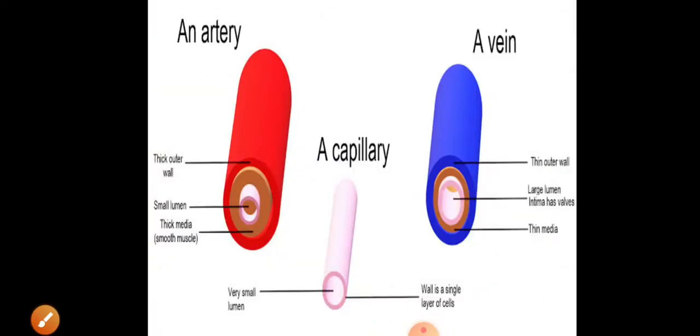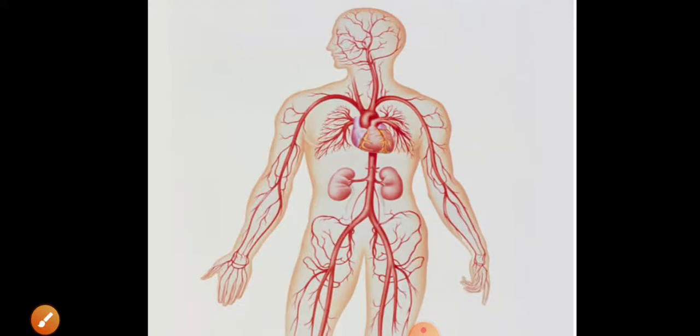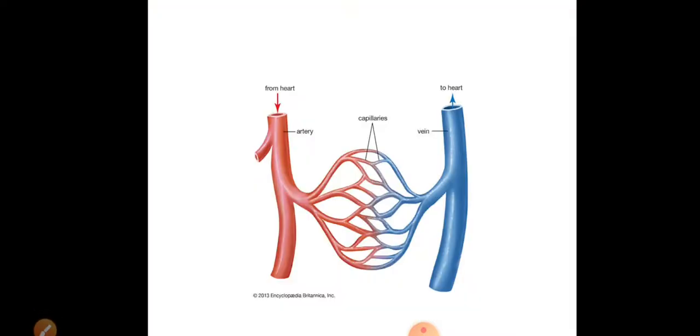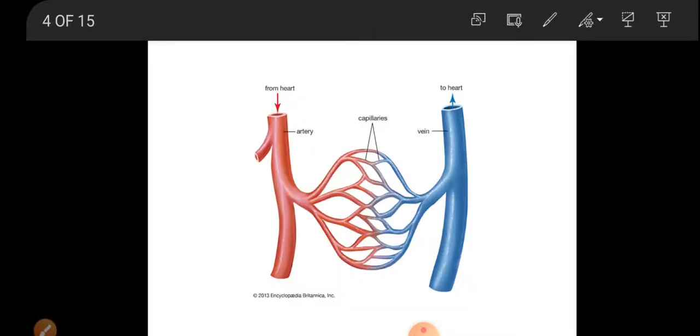Okay, now the third type of blood vessels that we will see is blood capillaries. What are we calling it? We are calling it blood capillaries. So blood capillaries are the thinnest blood vessels, and these capillaries always form a network on the tissue.